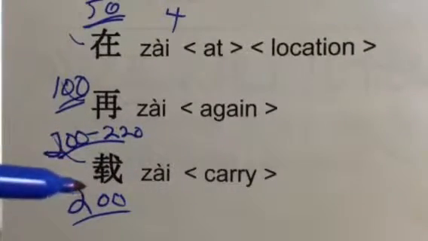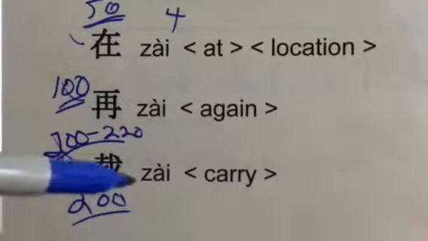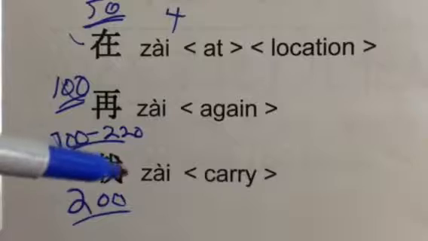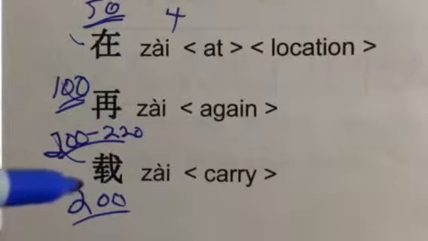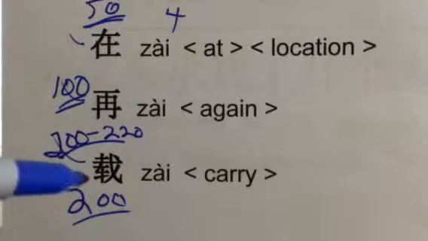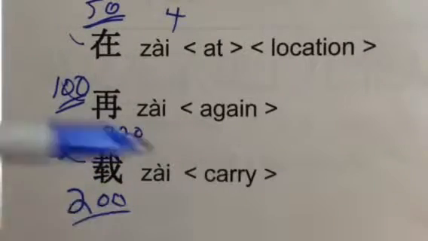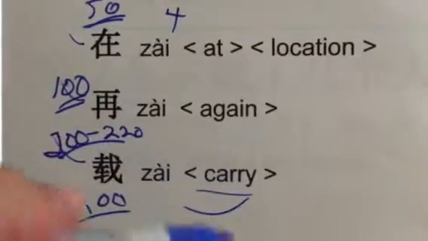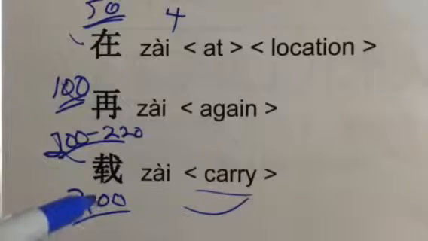This character, zai, you'll be seeing it, and really, if you're doing contracts and you're doing negotiation, you're going to be reading this character, and you're also going to be writing this character. This character may even be on some of your contracts. For instance, carrying charges or carry surplus, carrying fees. I can guarantee you that this character is going to be right in there.